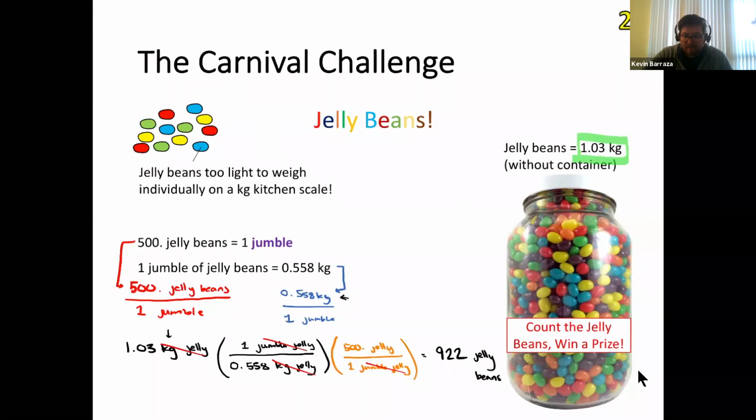And then we have this strategy that is going to be utilized over and over in this class, where we go from a weight to a group of objects to individual, and maybe I'll say, individual number of particles.